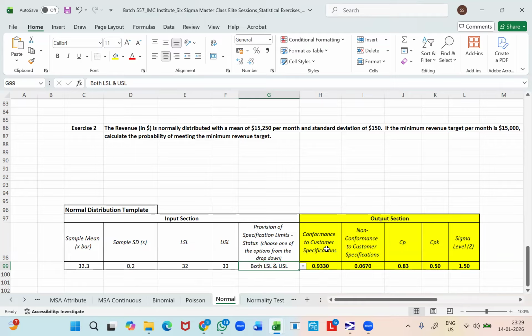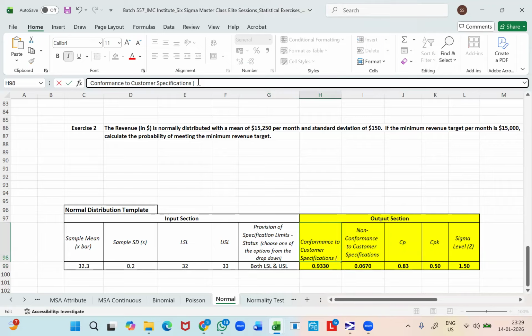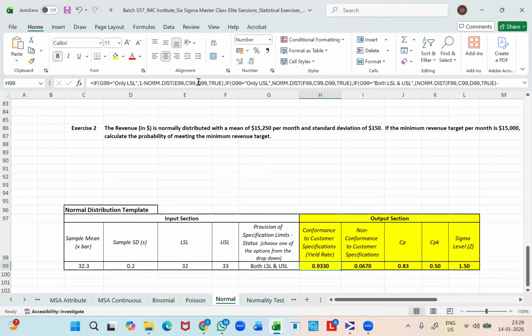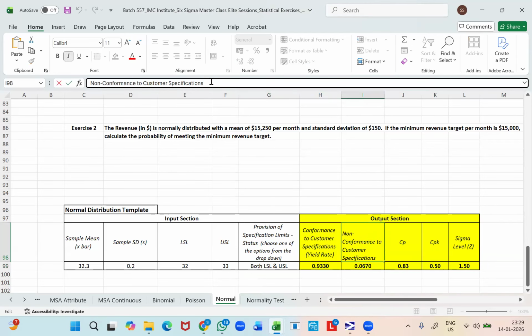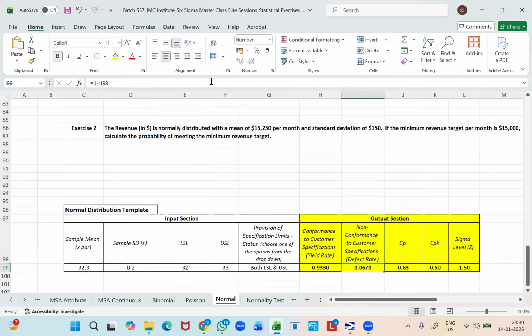This is very, very important. Conformance to customer specifications is what we would call the yield rate, and the non-conformance to the customer specifications is what we would call the defect rate. This can always be converted and expressed in terms of a percentage value. So 0.9330 will be 93.3%.